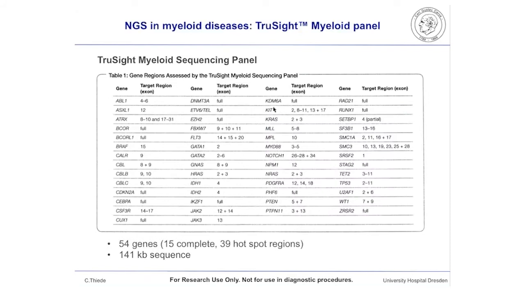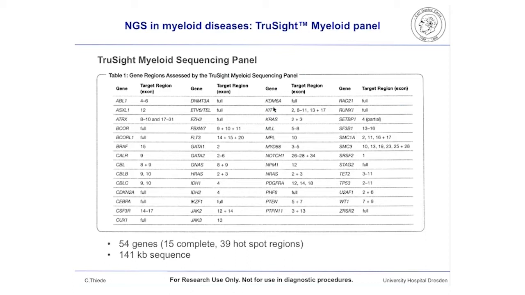Today I will share with you our experience using the Illumina platform, and most of the data we have generated so far are based on the so-called TruSight Myeloid Panel, a comprehensive panel involving the typing of 54 genes, 15 of these complete, and in 39 genes there are hotspot regions which are covered.